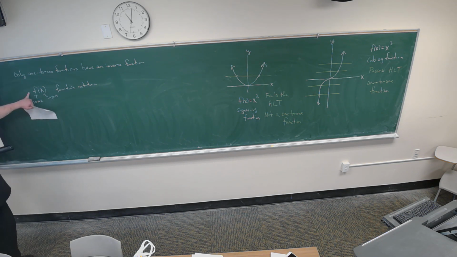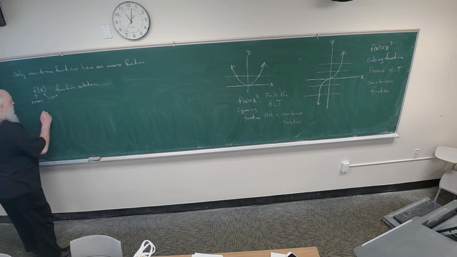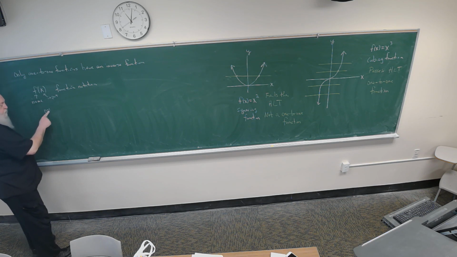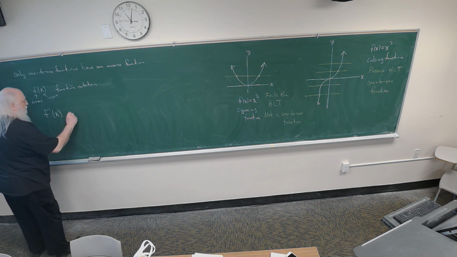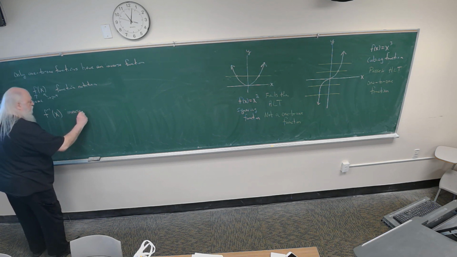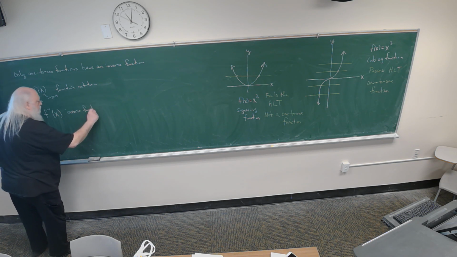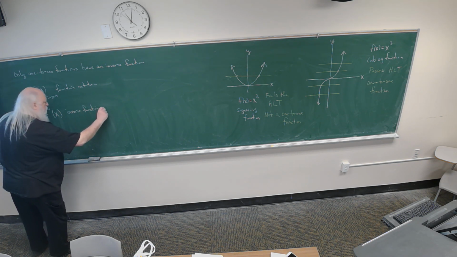If f of x is a one-to-one function, it has an inverse, and we denote its inverse function with f with a -1 in the superscript. So this is inverse function notation.